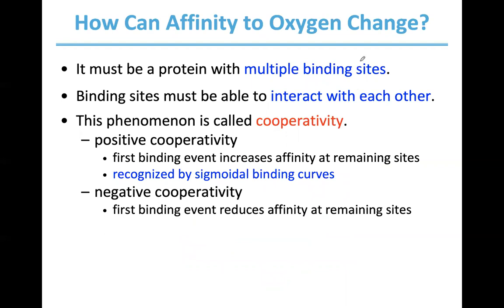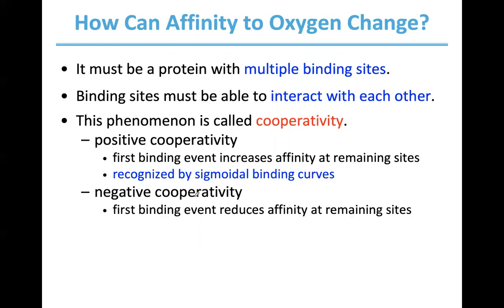So how can affinity for oxygen change? First of all, it must be a protein with multiple binding sites, and the binding sites must be able to interact with each other. This phenomenon is called cooperativity. There is positive and negative. Positive cooperativity: the first binding event increases affinity at remaining sites, recognized by sigmoidal binding curves.